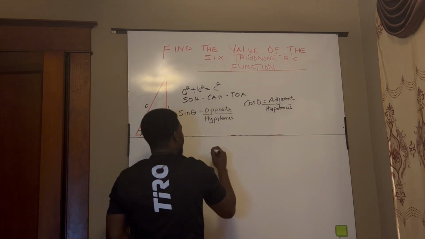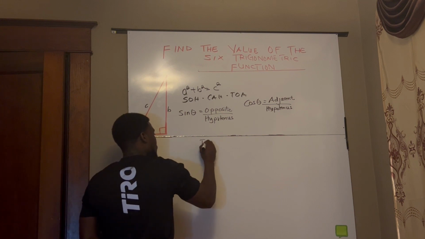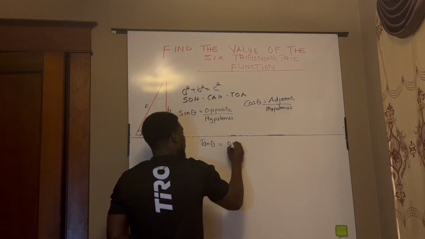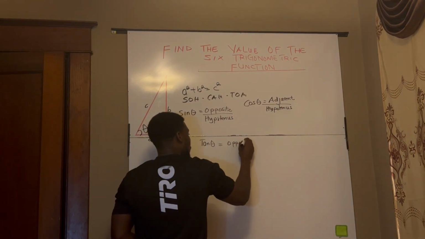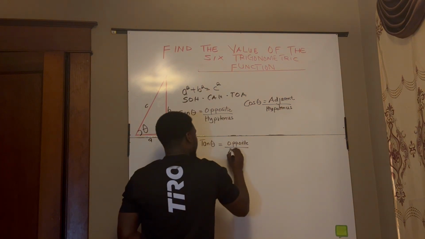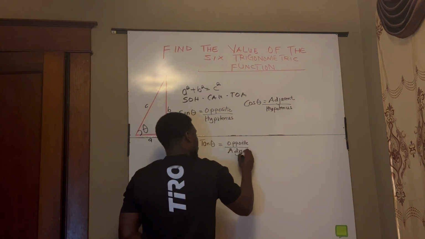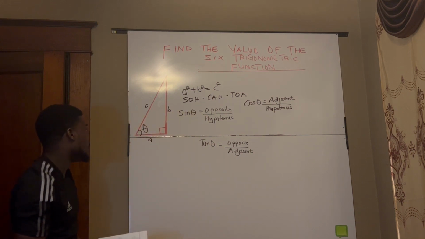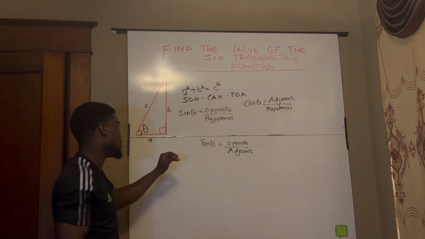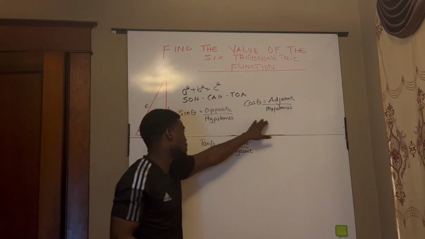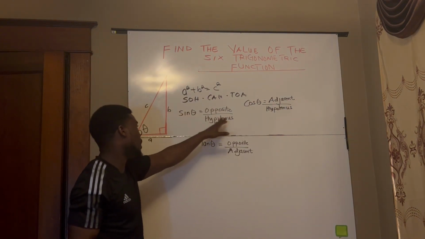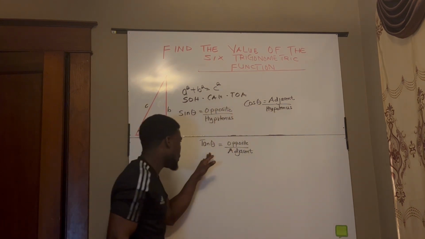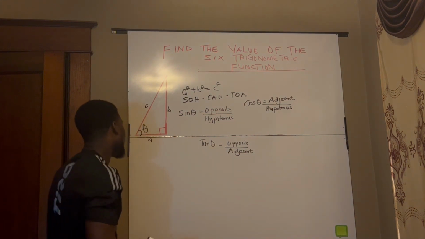And now we have a tangent. So tan theta is equal to opposite over adjacent. So far we have 3 of them, and we need 6 trigonometric functions. Sine theta is equal to opposite over hypotenuse, cosine theta is equal to adjacent over hypotenuse, and tan theta is equal to opposite over adjacent.